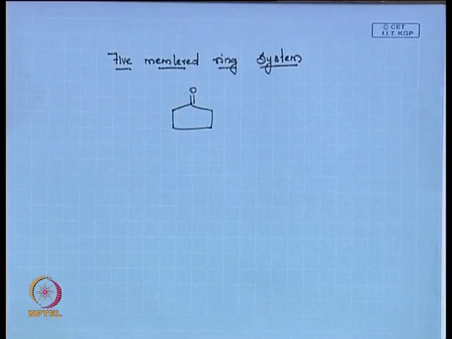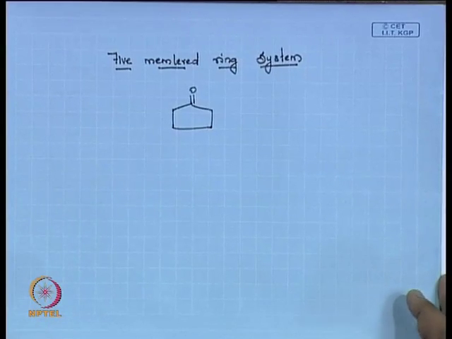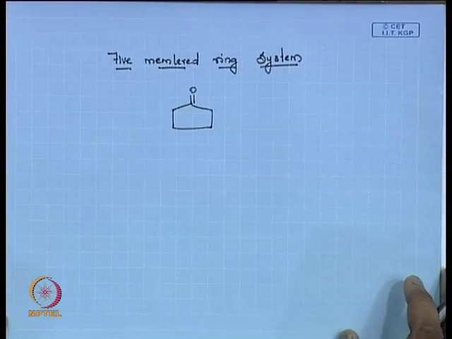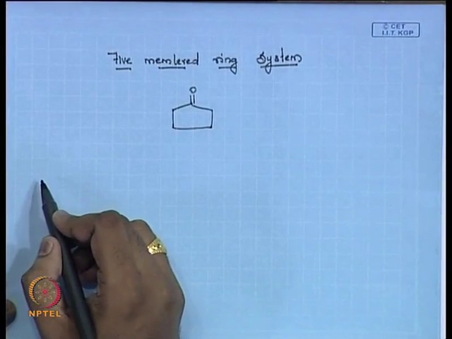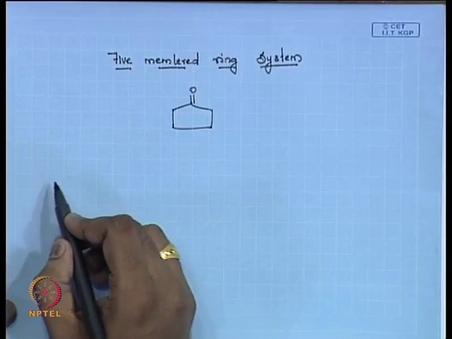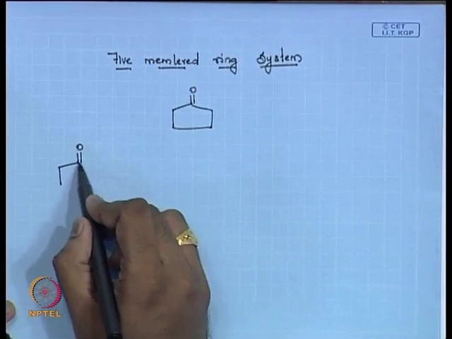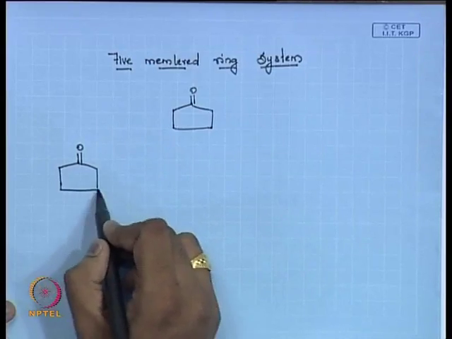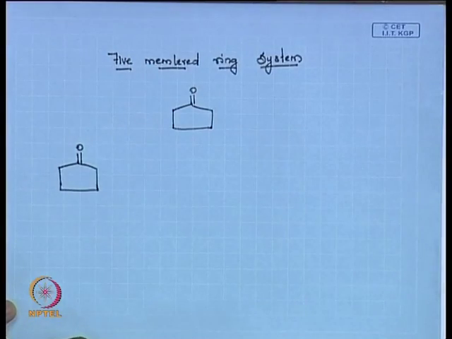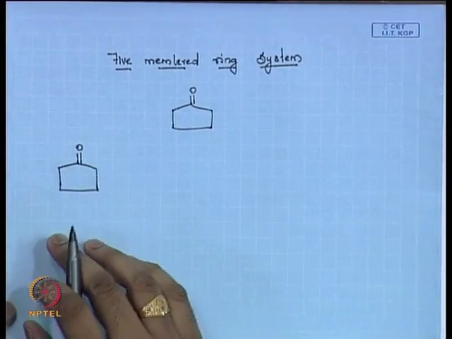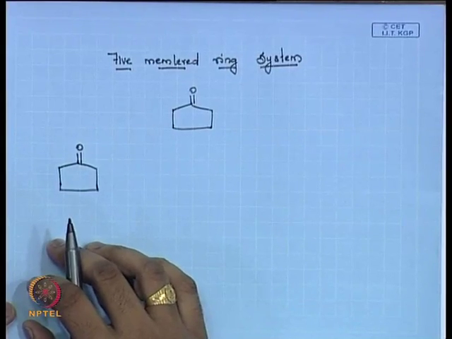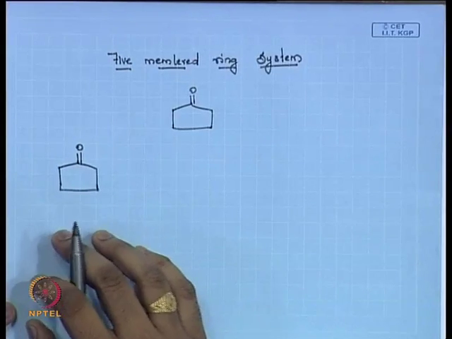So, we will take the simplest cyclopentanone system. Okay. The chemistry is the same, like initially for cyclohexanone and cyclopentanone, the primary photochemical process will be the same.